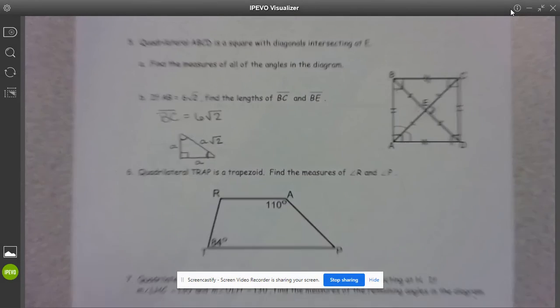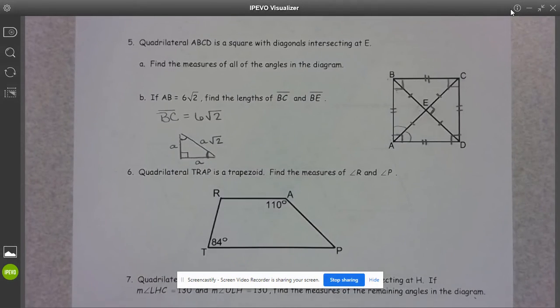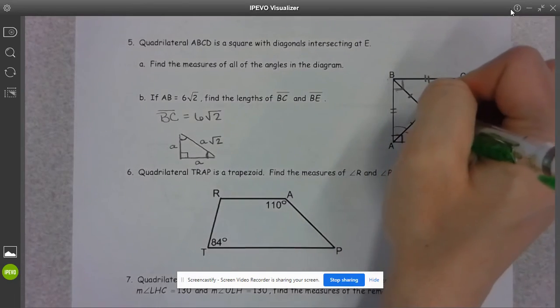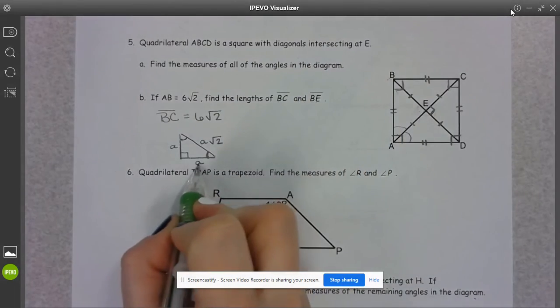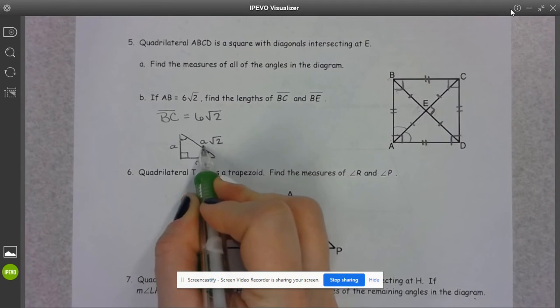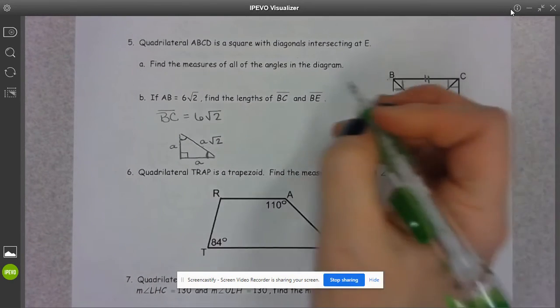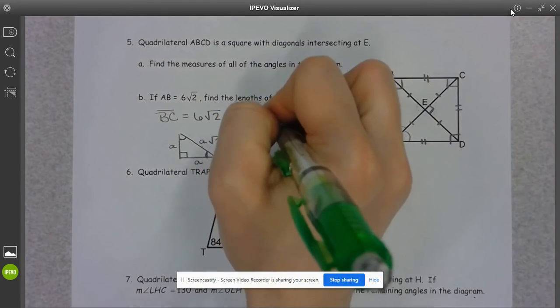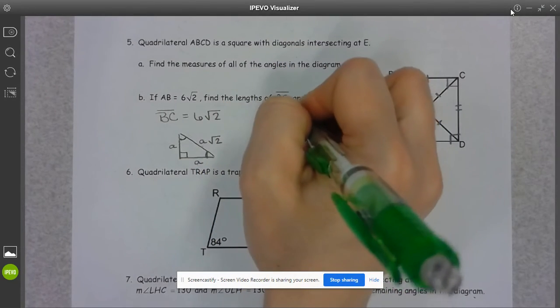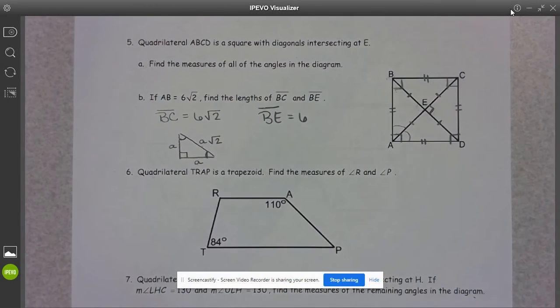We did not just teach you special right triangles because we thought it would be fun. We taught you special right triangles because we knew one day you were going to need it. So BE is this A value here because this is the hypotenuse, which is on the outside of my square. So BE is 6.